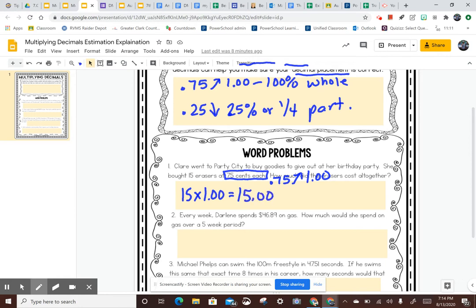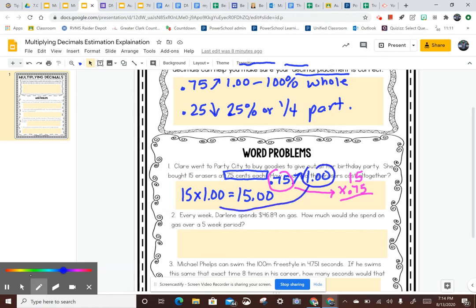So let's see if doing it the other way will work. I'm going to take 15 times 0.75, which is the real number. This one is our estimate number. So 5 times 5 is 25.